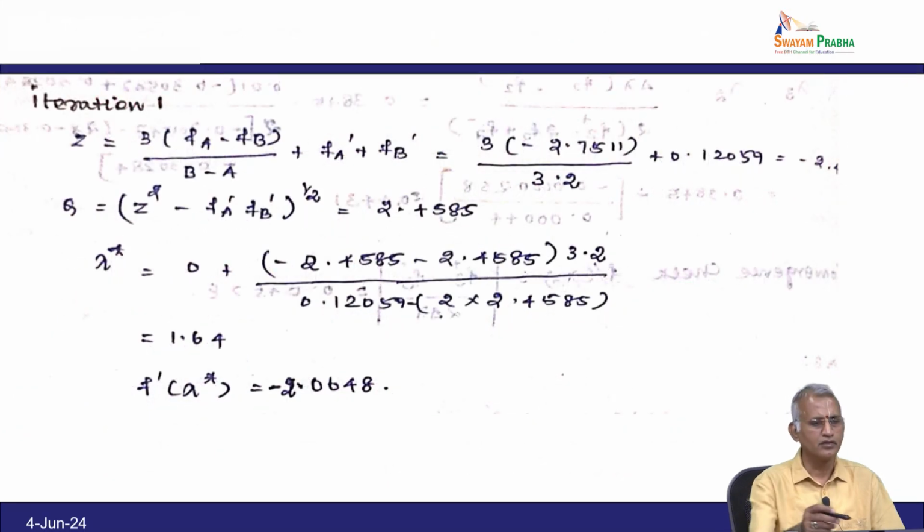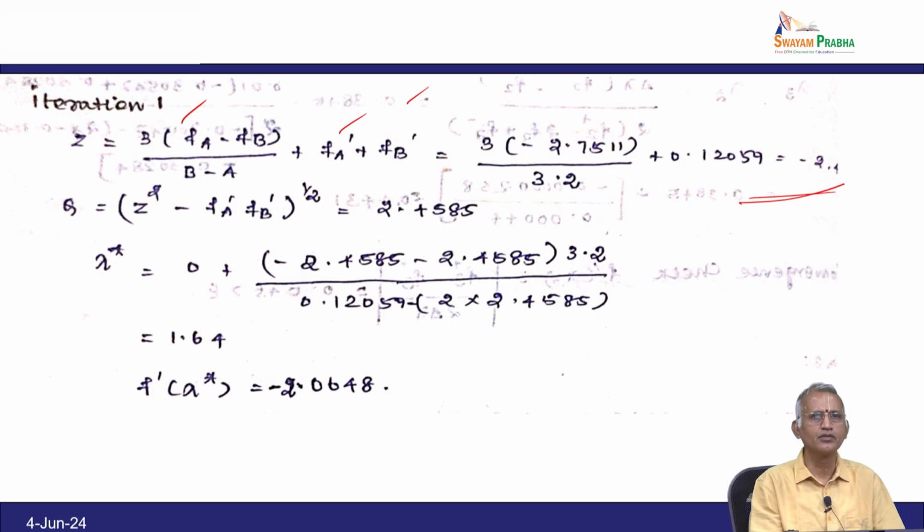So, making use of these function values, and taking iteration 1, z equal to 3 into (f of a minus f of b) by (b minus a) plus f a dash plus f b dash. So, which is equal to 3 into minus 2.7511 divided by 3.2, with b minus a as 3.2, f a dash 0, f b dash 0.12059. So, we have minus 2.4.